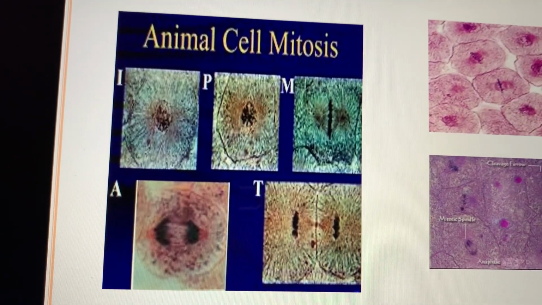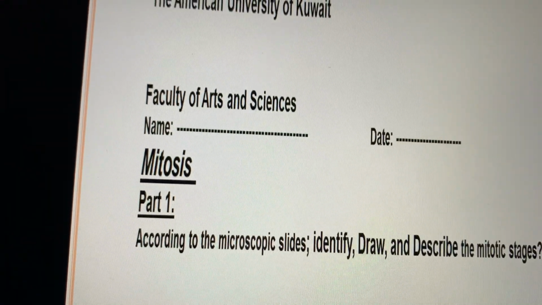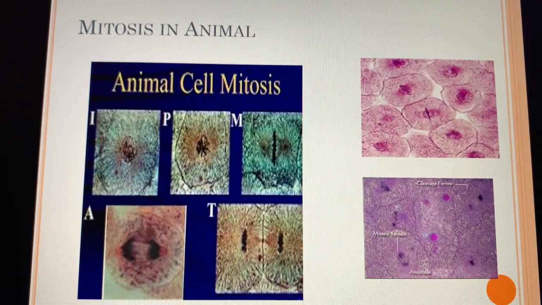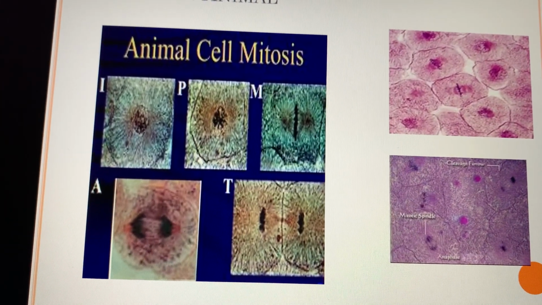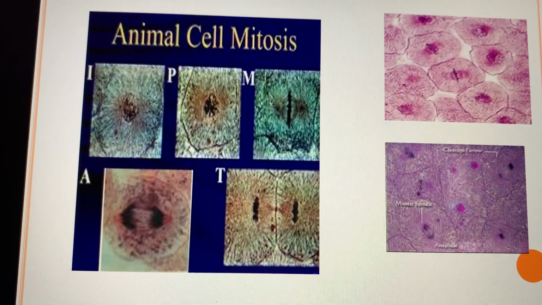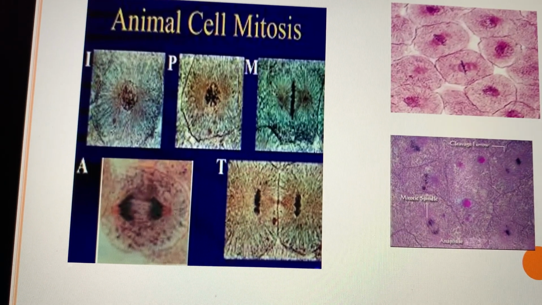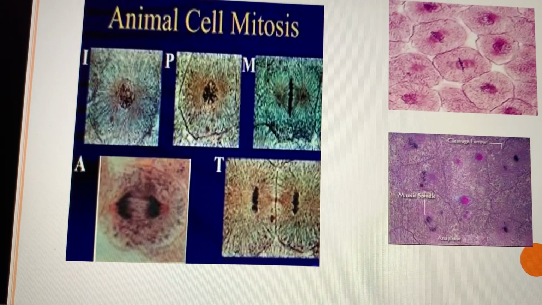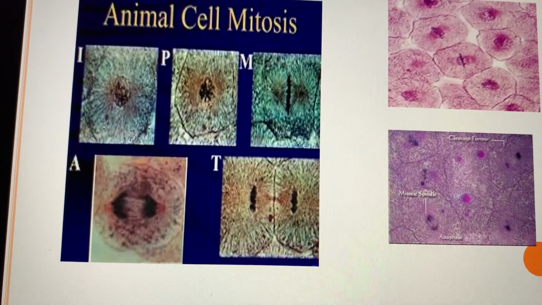So basically, as I said earlier, I don't want you to write for me or memorize what happened at each phase. I only want you to understand what's going on, of course, but I need you to recognize the picture.